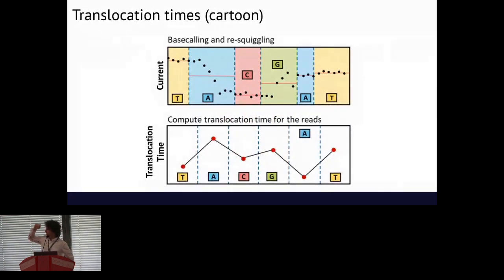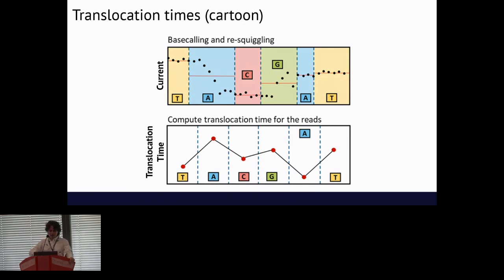So this is a cartoon of this base calling and squiggling process. In nanopore, we're going to try to assign these observations of the charge to particular bases. And I'm cheating a little bit here because it's actually k-mers, but just for ease of exposition, I'm going to just put the base there. You can think about this as the time it takes for the base to, say, leave the pore.